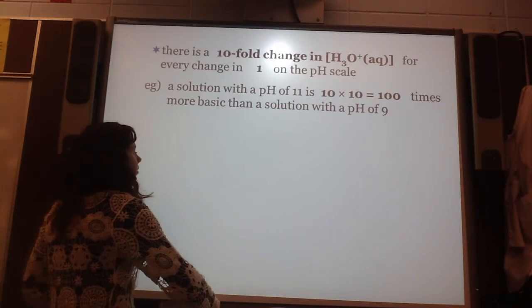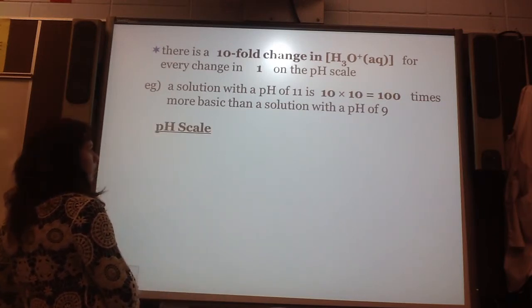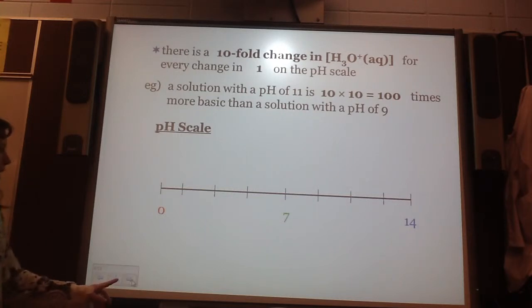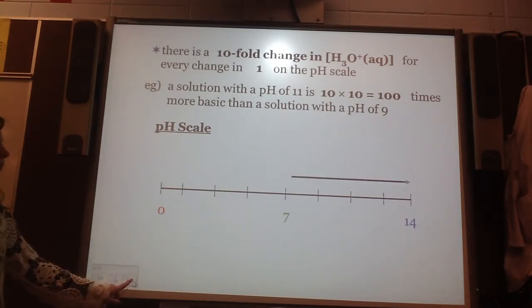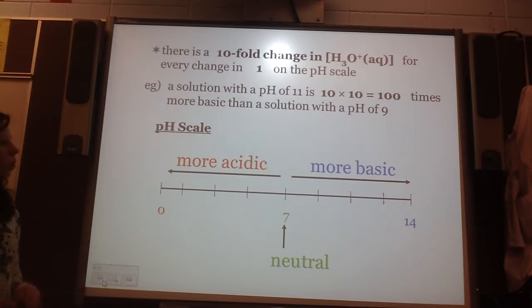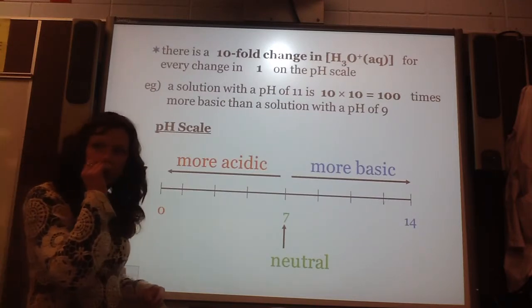So it's like, I wonder if I drew it. So here, if I have my pH scale from 0 to 14, that's more basic, this is more acidic, that is neutral. So what happened, I'll just wait a minute.